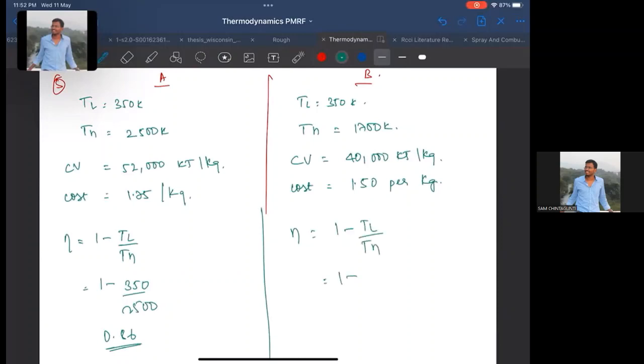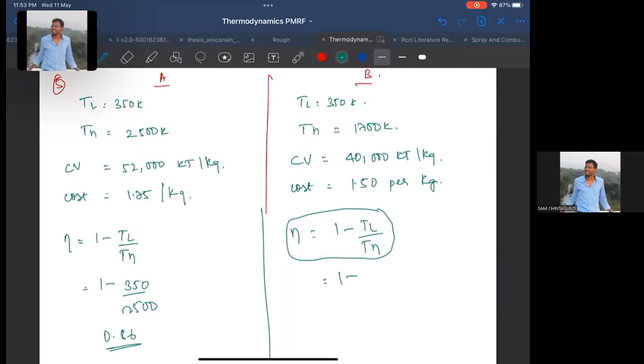The efficiency is equal to 1 minus TL by TH. So always try to write the formula when solving. At least during practicing your problems, please try to write the formula and then substitute the values, because that will help you to remember the formula much better, and also it will help you not to make any mistakes in substituting the values.